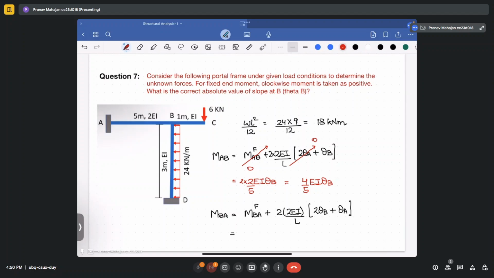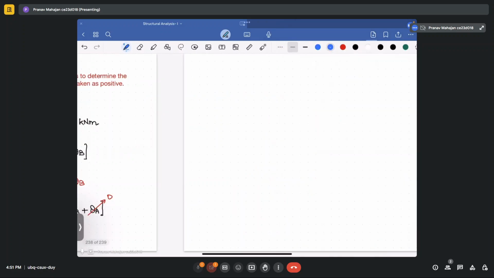So here also MBAF will be equal to 0, theta A will be equal to 0, and you will be left with only 4 into 8 upon 5 EI theta B. So that will be equal to 1.6 EI theta B. Okay, the first value you have calculated.